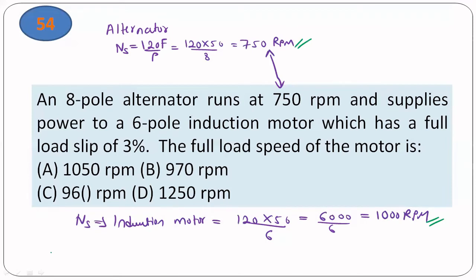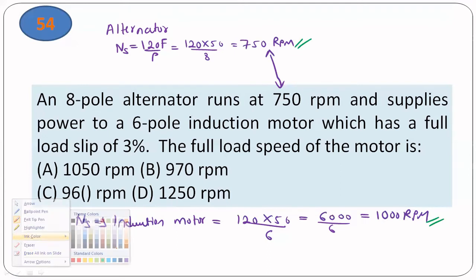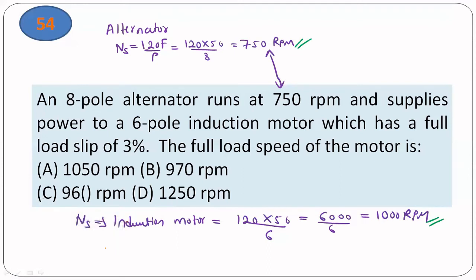Now we know that if we have to calculate the speed at which the motor is running, then the formula is N is equal to Ns into (1 minus S). Okay, remember that slip here is given as 3%, which is nothing but 0.03.